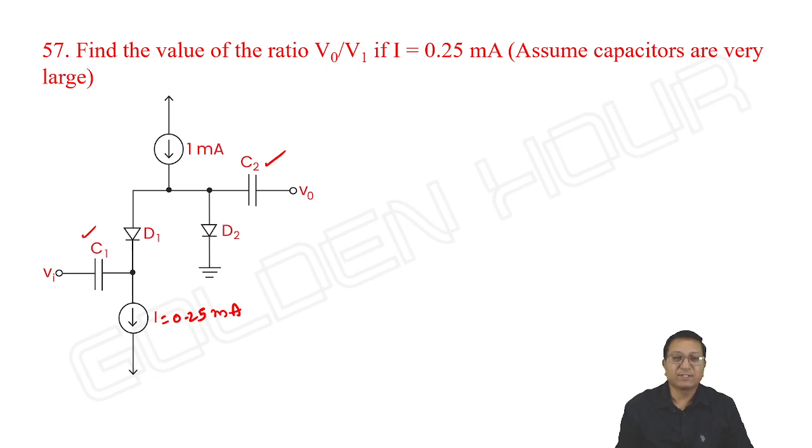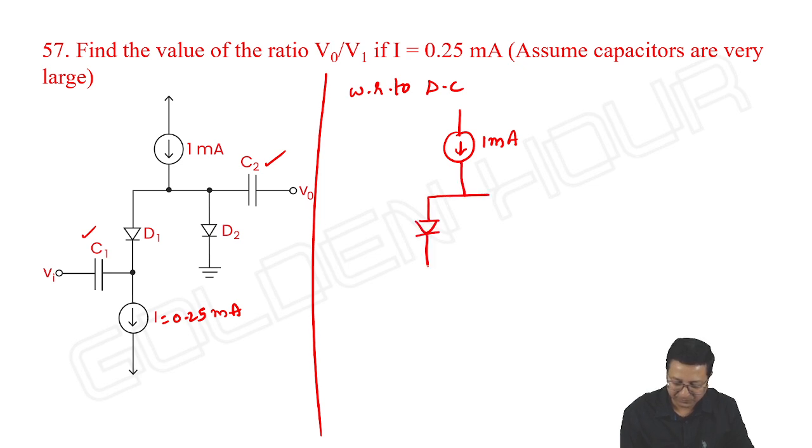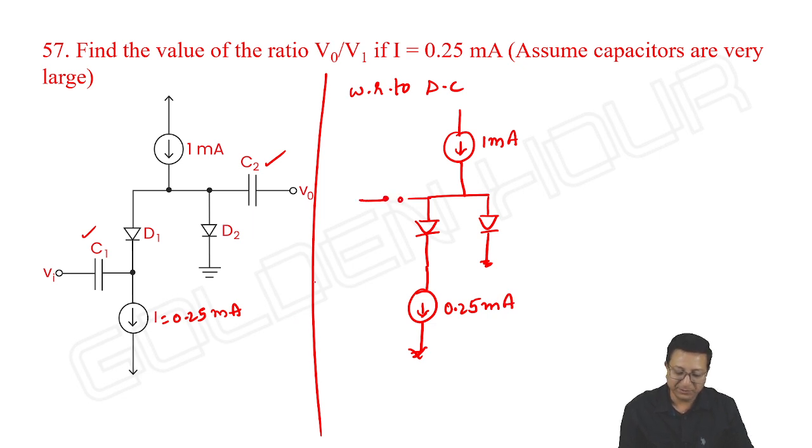Okay, then let us take with respect to DC. So if I take with respect to DC, 0.25 milliampere. And this capacitor with respect to DC means it is open circuit.